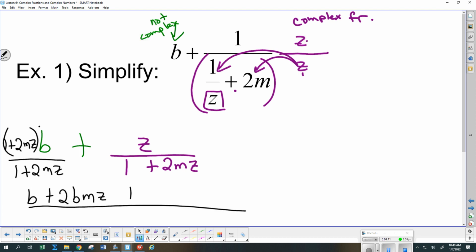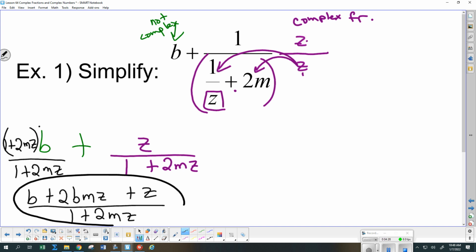Then from this one, I add the z, and I put it all over the common denominator, which was 1 plus 2mz. And I don't see any other terms I can combine. I don't see any GCF I can factor out. So I am finished, and that is my final answer, where I have just one fraction for the whole thing with one fraction bar. Questions?